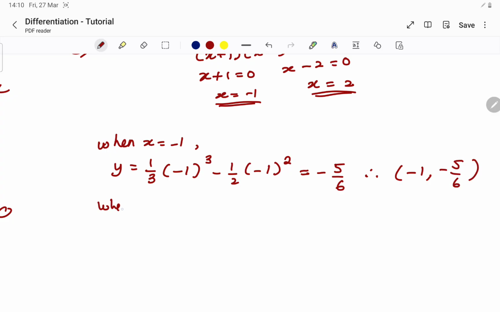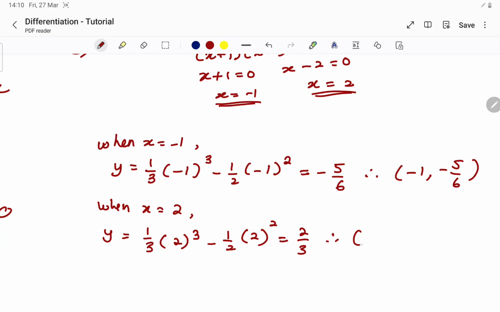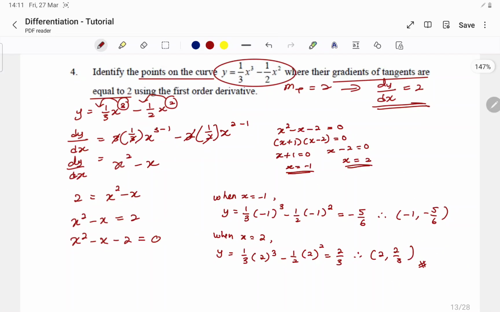Then the next one, when x is equal to 2, substitute inside y, 1 over 3 multiplied with 2 cubed minus 1 over 2 times 2 squared, equal to 2 over 3. So the answer you will get here is 2 over 3. These are the 2 points that you have to identify.